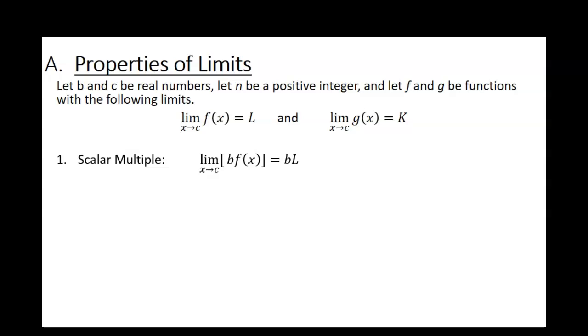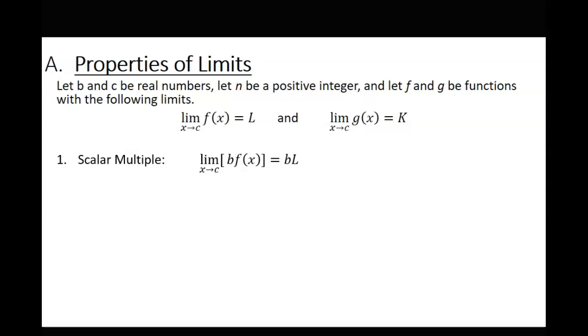Here's our first property. If the limit of f of x is L, then the limit of f of x when it's being multiplied by b is b times L. That's it.